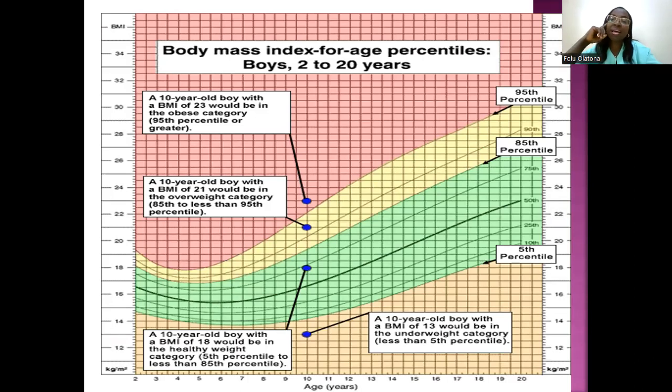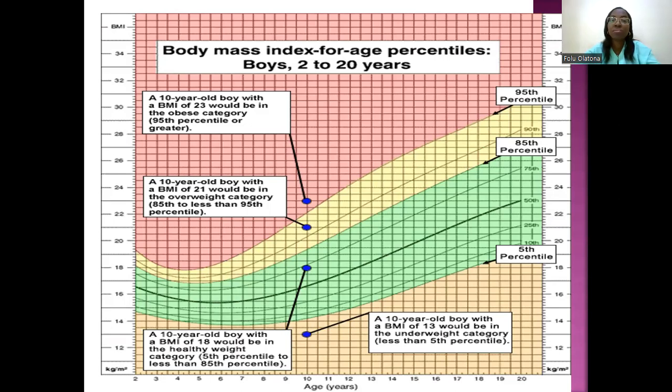And the good news is that if you have a lot of young people that you want to do this on, you don't have to be plotting on the child one by one. For example, if you were to do a research and you want to find out the nutritional status of a group of 1,000 students, you wouldn't be plotting on the chart one by one like this.